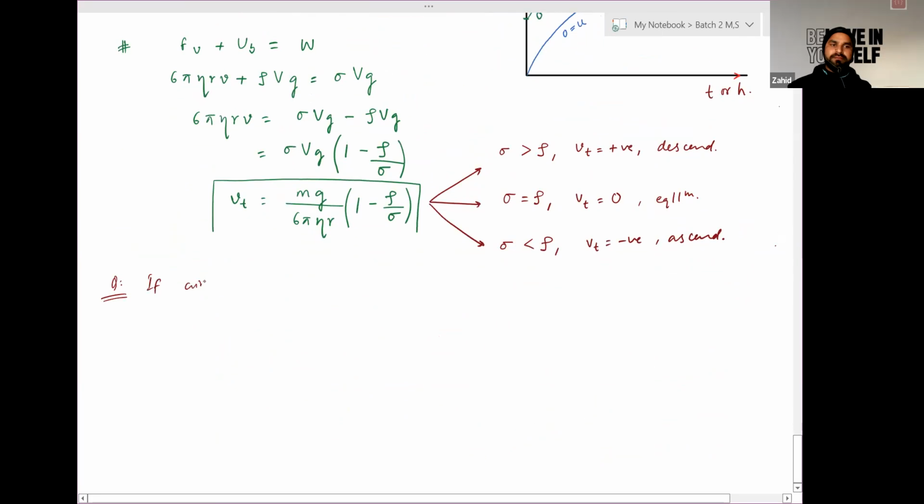If an air bubble having radius 2 mm in water having coefficient of viscosity 0.05 Pascal second.